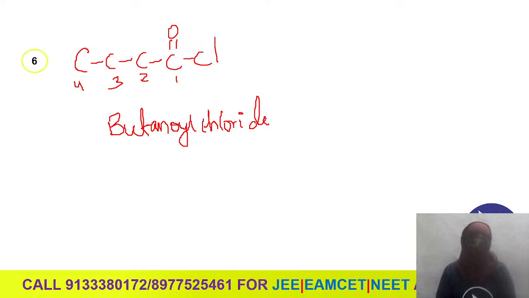And if you want to make the structure more complicated, what I can do is write here OH, which is alcohol. As you know, acyl halide has higher priority than alcohol, so alcohol will become prefix. You can check back in the list of 15 functional groups: the prefix for alcohol is hydroxy.